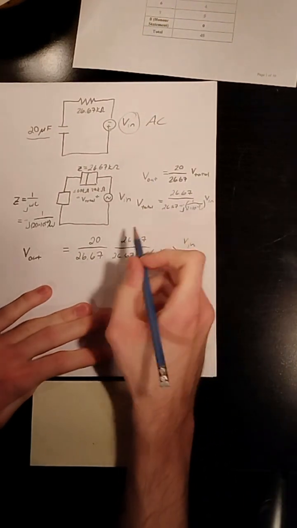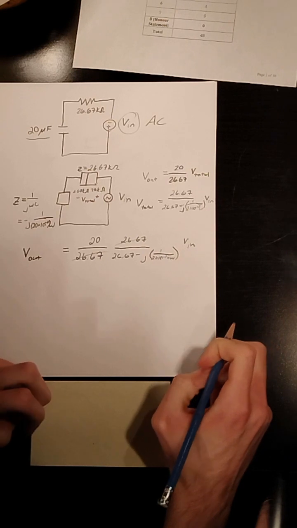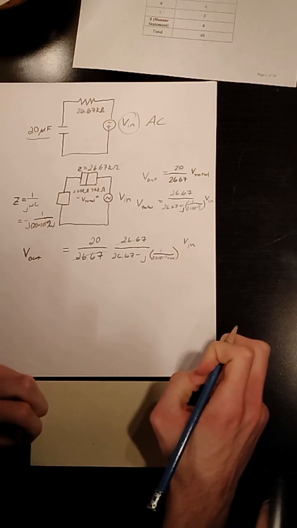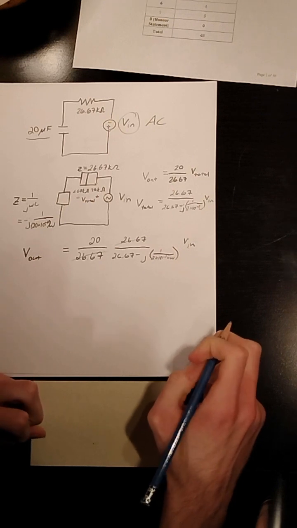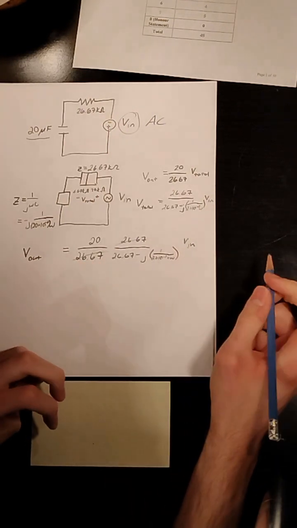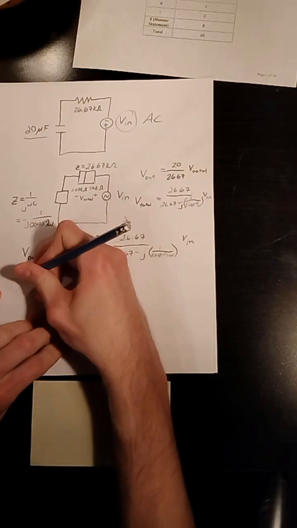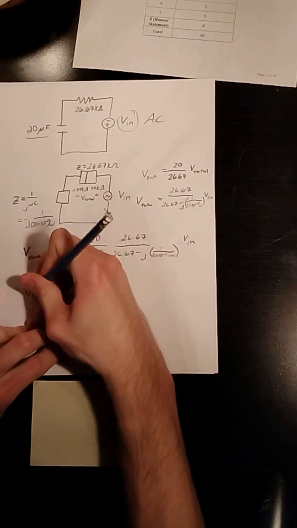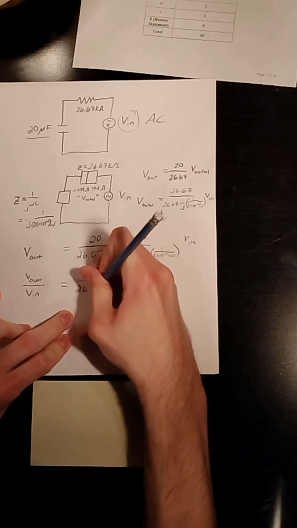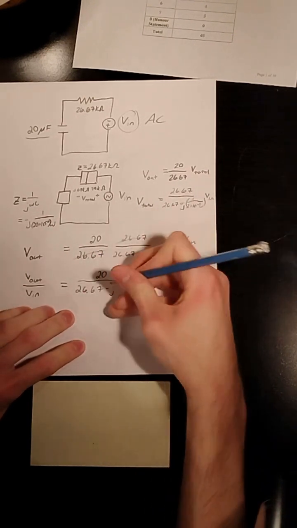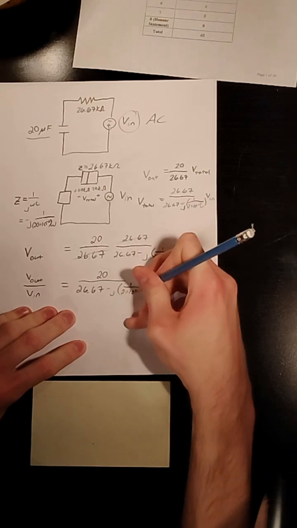So, the reason I said this was nice is these two are just going to go. Then, we know that V out over V in should be 1 over root 2. So I can divide both sides by V in, and then we're going to get V out over V in is equal to 20 over 26.67 minus j, 1 over 2 times 10 to the negative 5 times omega.